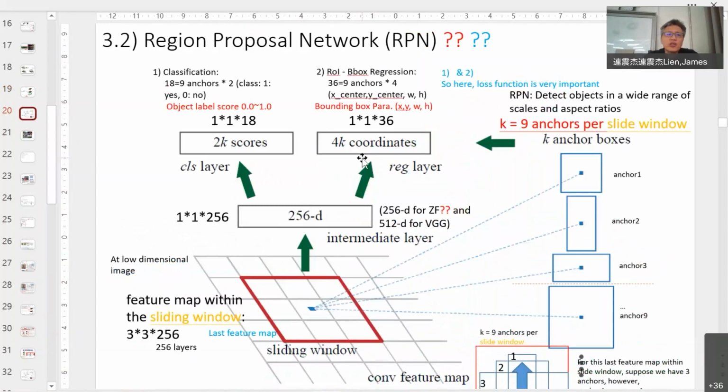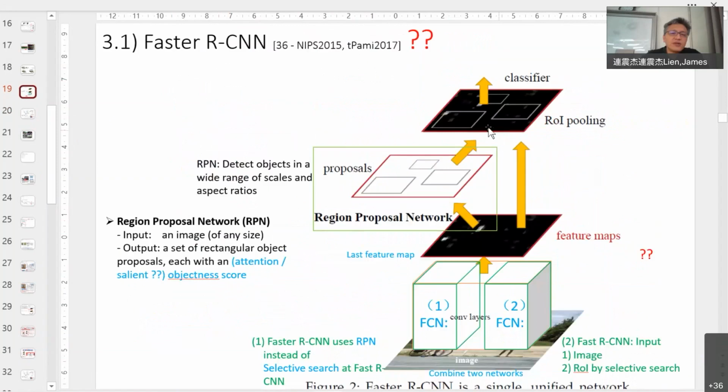It also includes classification, but this class is only foreground and background. Don't confuse it with this class. This class, suppose we have 20 classes, is the refinement of the region.